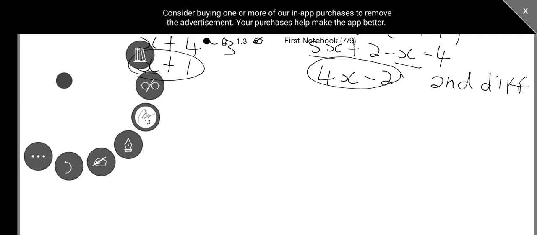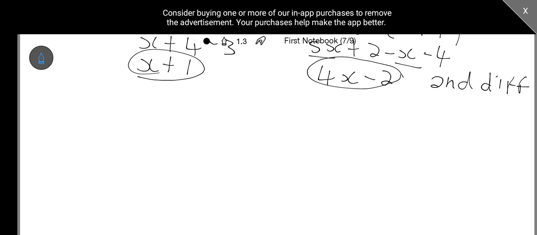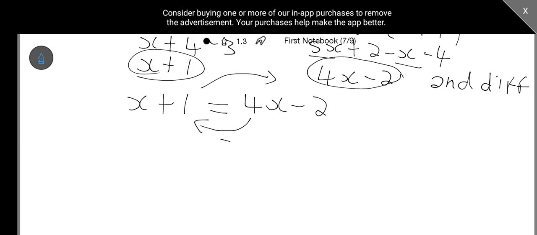So we are going to say that x plus 1 is equal to 4x minus 2. And then we're going to add like terms. We will take the 4x that side and it will become minus. We will take the positive 1 that side and it will become minus 1 as well. Now in this case we are going to say that x minus 4x is equal to negative 2 minus 1.